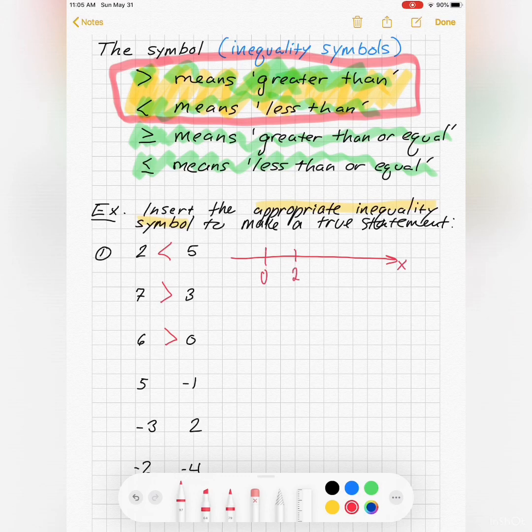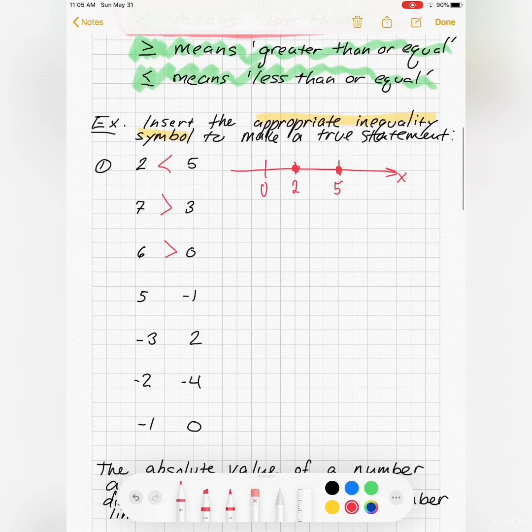Here's 2. Here's 5. So you can see 5 is to the right of 2. So 5 is more than 2, or in other words, 2 is less than 5. So if it's helpful or if you want to, you can do a number line. But that's only if you feel it's necessary.